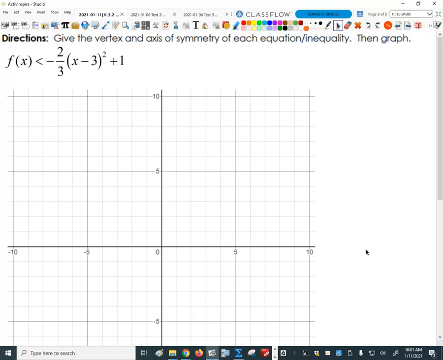And if it was less than, we shade below, right? Which makes sense if you think about it, because when we're comparing y values, if we had something like y is greater than or equal to mx plus b, we've got some boundary line that we know how to graph, and we want the y values that are greater than the boundary line.